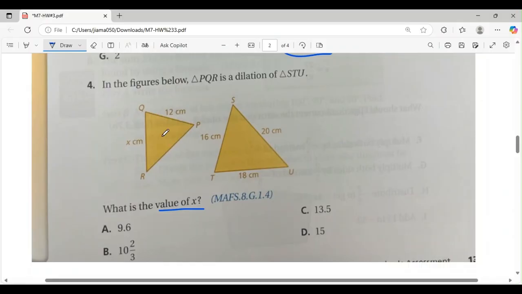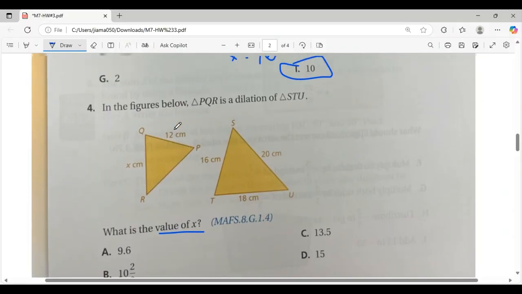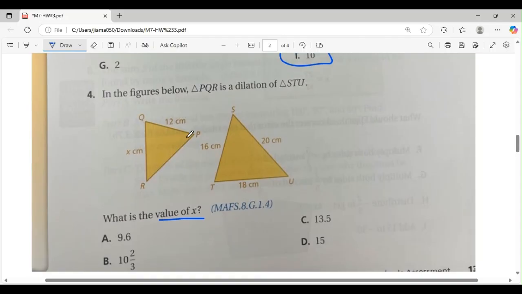And also if we look at this triangle PQR, the shortest side is this side, PQ. So this side corresponds to this side. So let's write down.